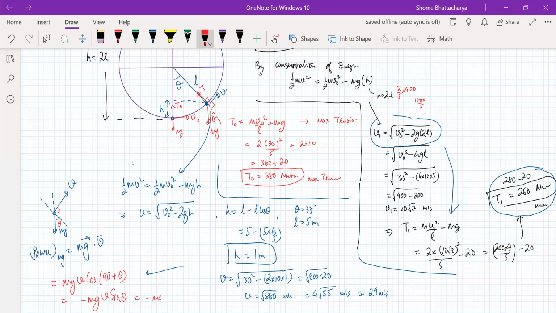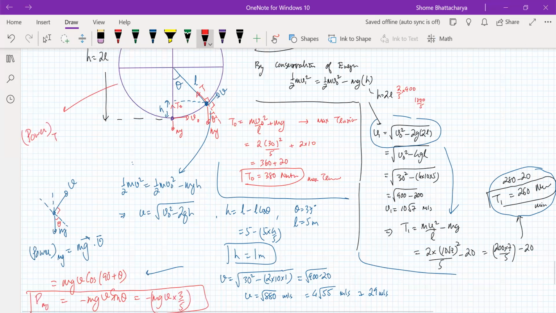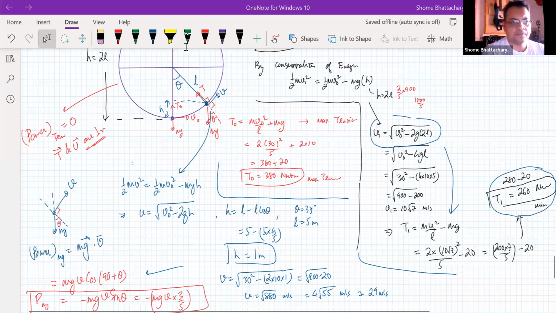So it is minus mgv into 3 by 5, where v is this value. So this is the power delivered by mg, whereas the power delivered by tension will be 0, because tension and velocity are always perpendicular. Tension acts in the centripetal direction in vertical circular motion, and velocity is tangential. Okay, so hope this is clear, people.